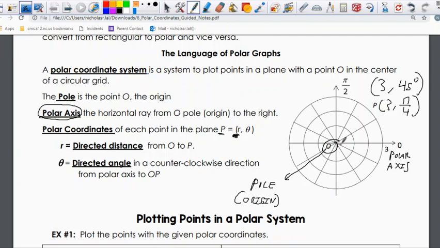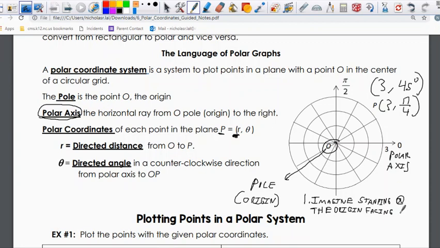Step one to look at the polar coordinate: imagine standing at the origin, facing your polar axis.